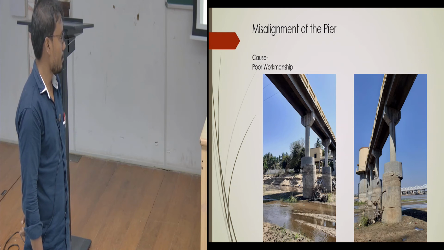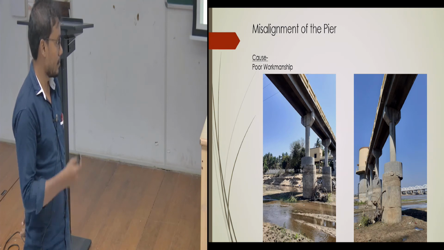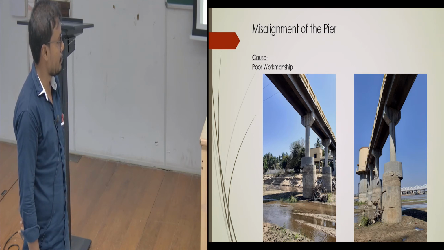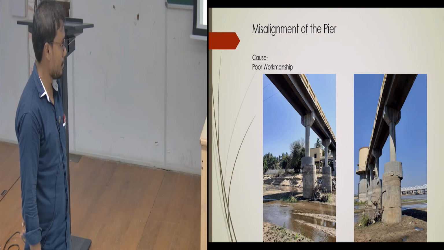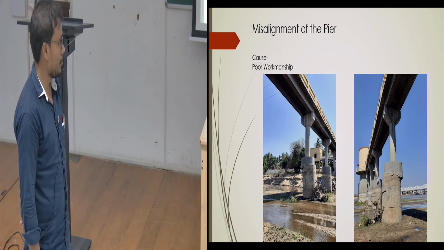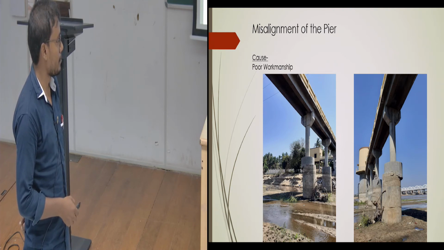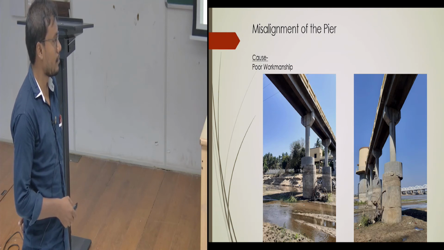The quality of the work seems to be very poor. It was not properly designed for the scour and water pressure, and there are some constructional issues. See here, it is badly interconnected.